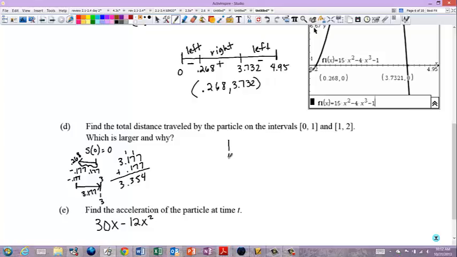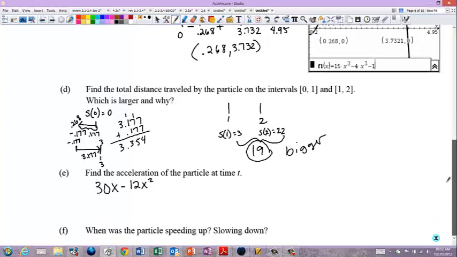And then from 1 to 2, he's moving right the entire time, so you don't have to worry about as much. His position is 3, and his position is 22. So the distance there is easy, that's just 19, so that one was bigger.